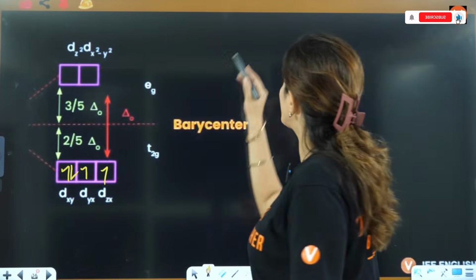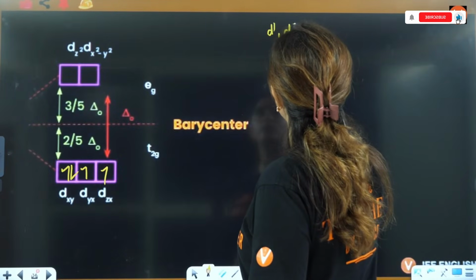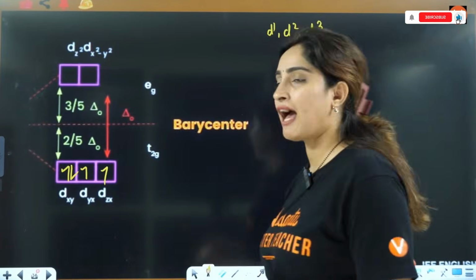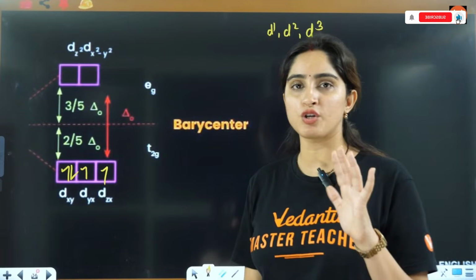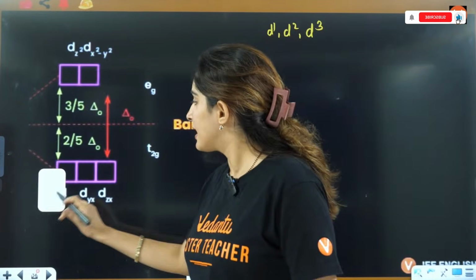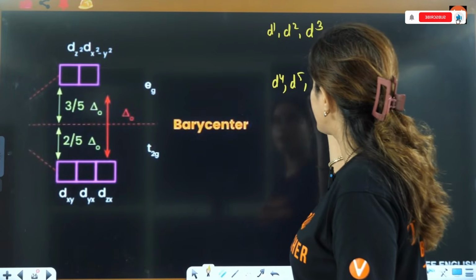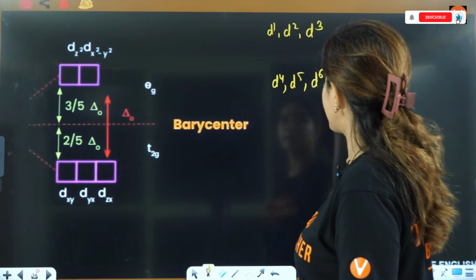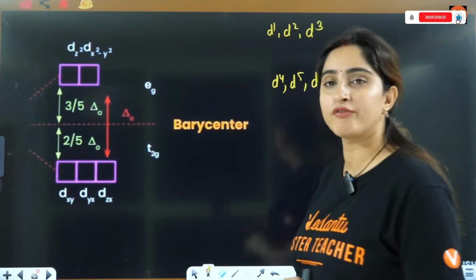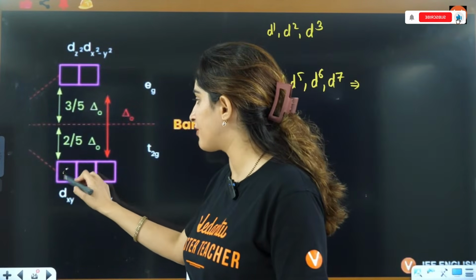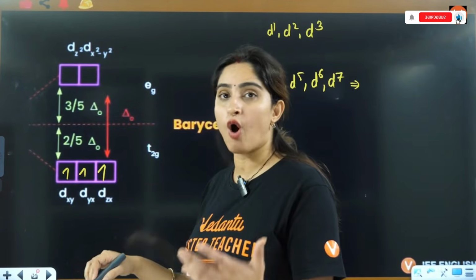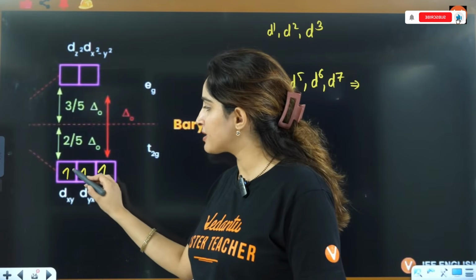Okay. So D1, D2, D3 will have the same, doesn't matter whether it's weak field or strong field, right? If you have D4, D5, D6, D7, they will be different from strong. If you have D5, 1, 2, 3, and strong field, then pairing will take place, so it will be 4 and 5.